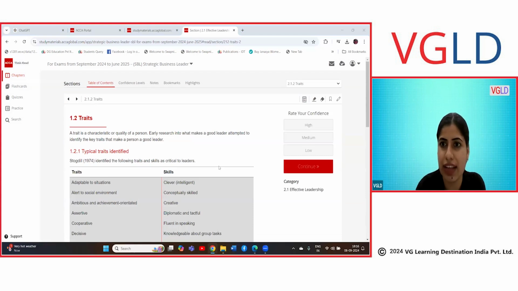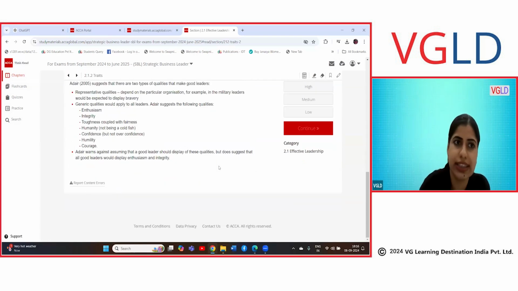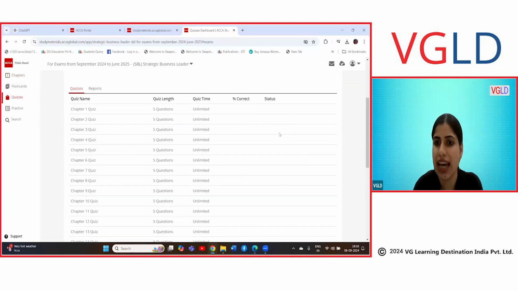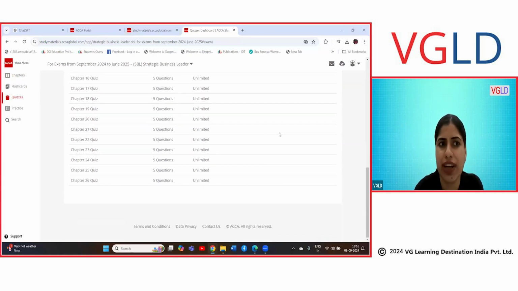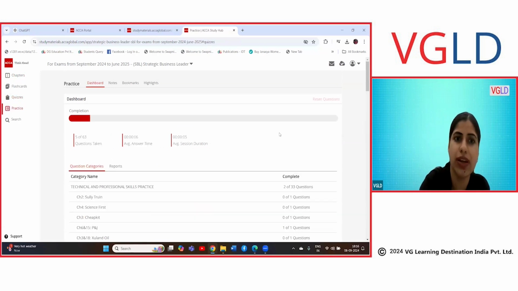And there is an option to mark any area which you feel is difficult or easy. Again, quizzes are not relevant in professional level papers. If you want to do that to check your understanding, that is fine. Otherwise, in professional level papers, we are just tested with long questions, so there is no requirement to cover quizzes.